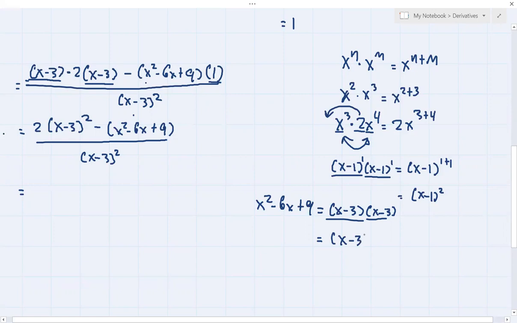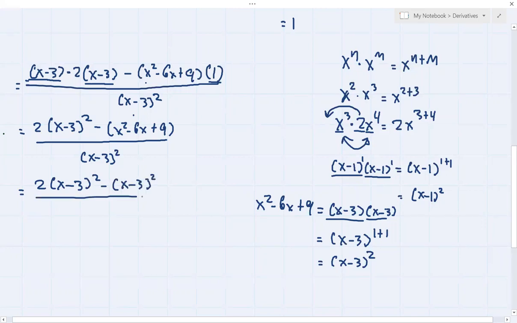So we have x minus 3 raised to 1 plus 1. So therefore, we have x minus 3 raised to 2. So this means we can rewrite this expanded form into the simplified factored form nito. So therefore, we have x times the square of x minus 2. Ayan, that's it.